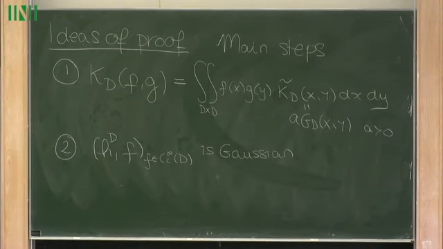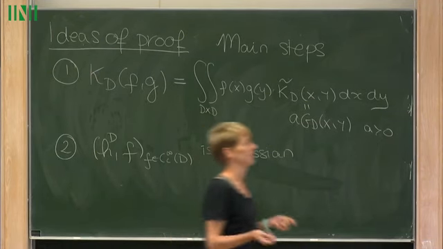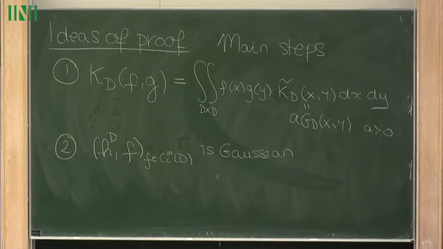Okay, and clearly once you have these 2 steps, you have a Gaussian process and you've identified its mean and covariance, so you know exactly what the field is and you've completed the proof. Okay, so I'll try and give a couple of ideas behind both of these steps, although I won't have time to give a complete proof, but hopefully you'll get some idea.